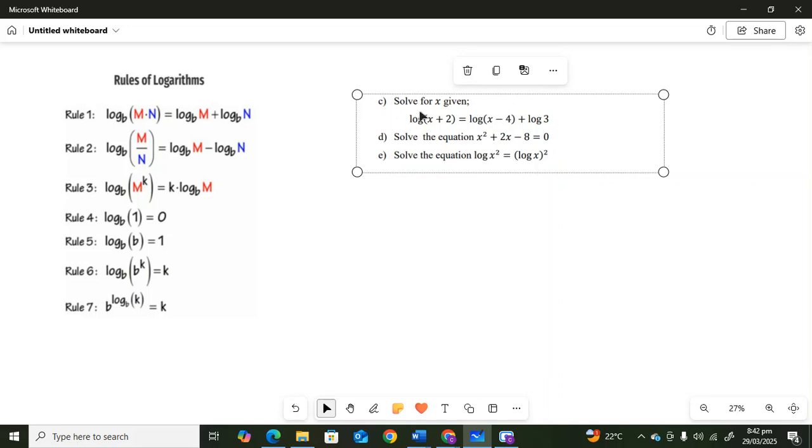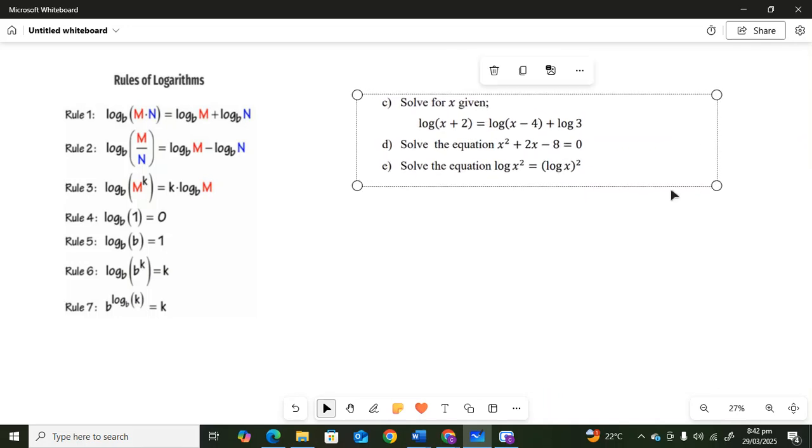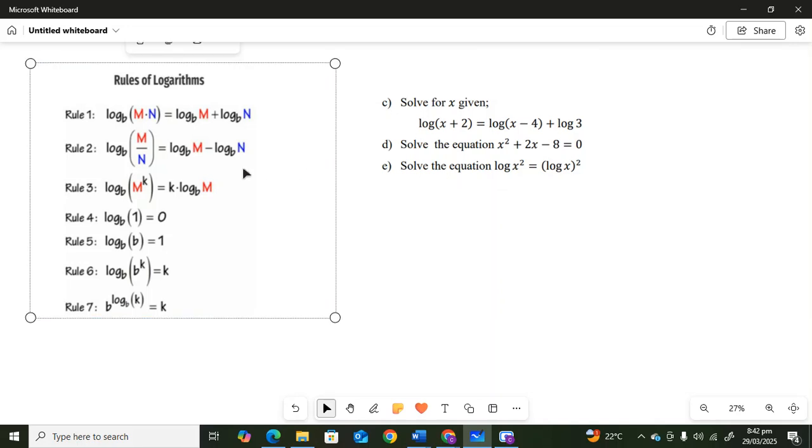Solve for x given log(x + 2) equals log(x - 4) plus log 3. From this equation, let me give the laws here.